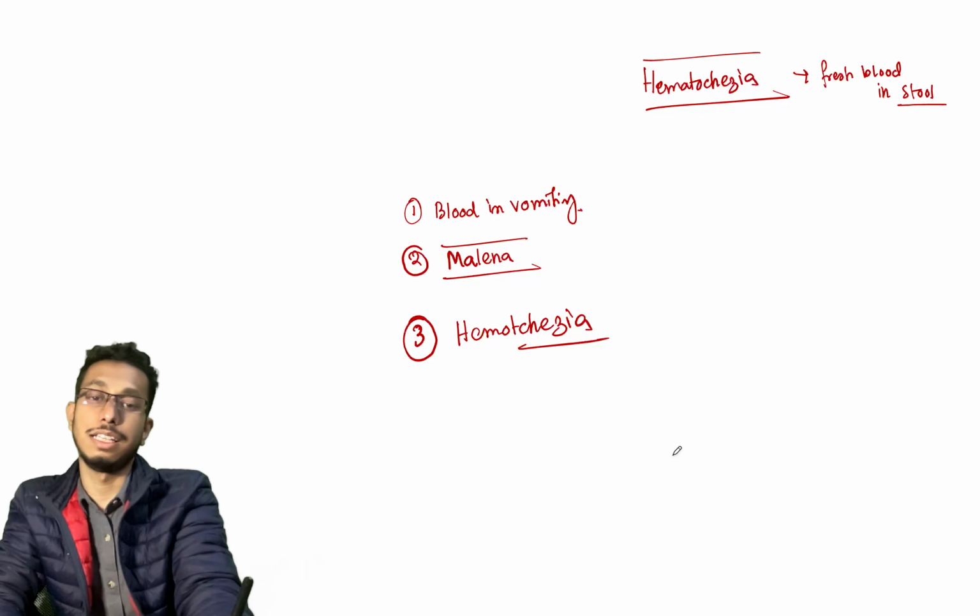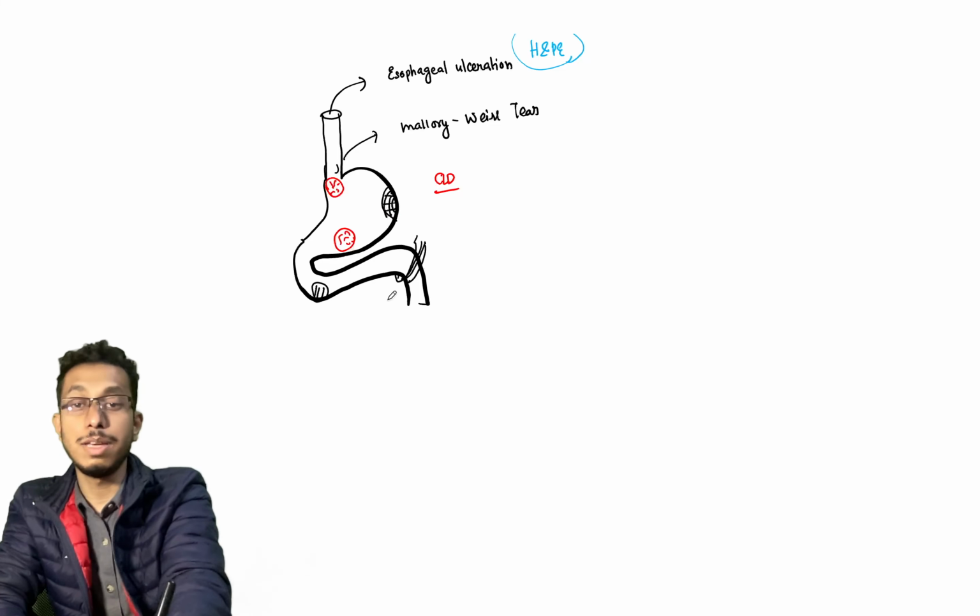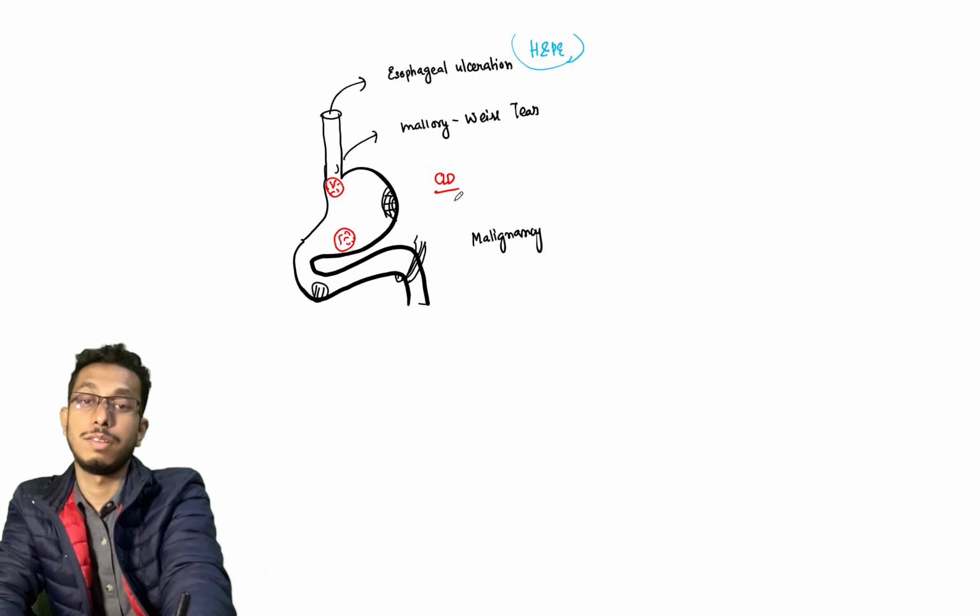For example, there is development of peptic ulcer diseases, gastric ulcer as well as duodenal ulcer. It can be even due to development of malignancy. Peptic ulcer diseases. All right.